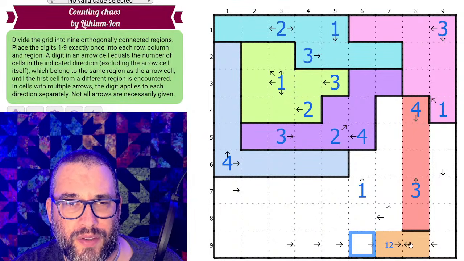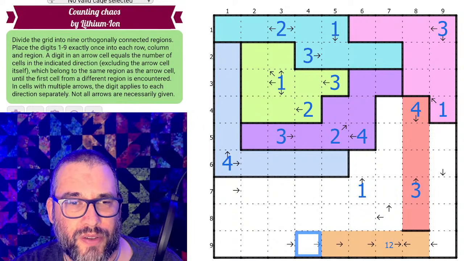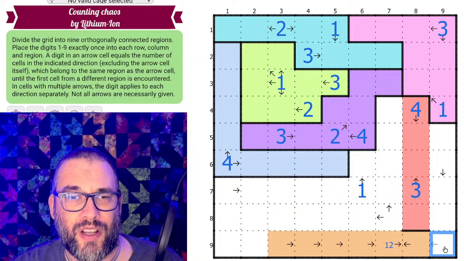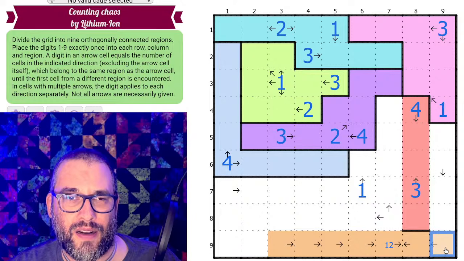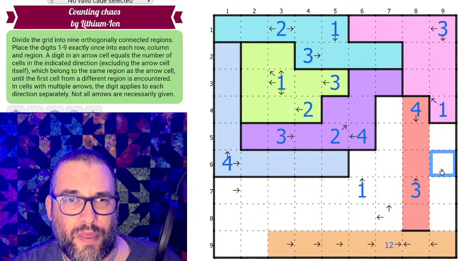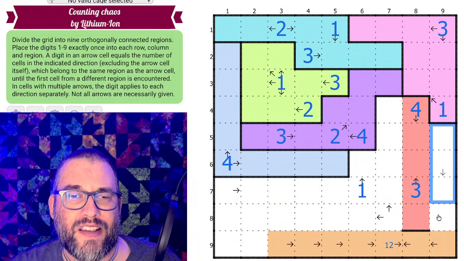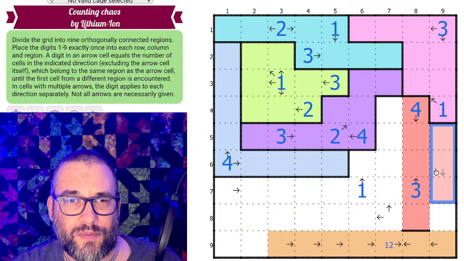And now this is pointing at orange, so it's orange, and this is pointing at orange, so it's orange, and so on, and we have 1, 2, 3, 4, 5, 6, 7 oranges. So that means that at least these 3 have to be red. They can't be anything else.